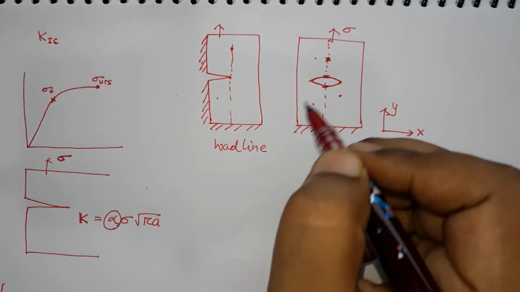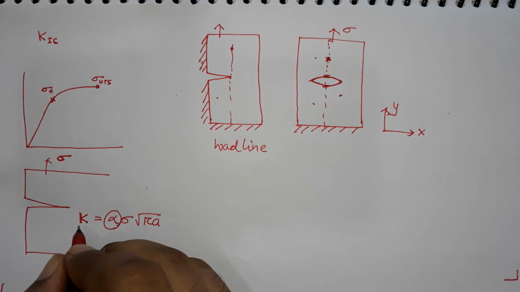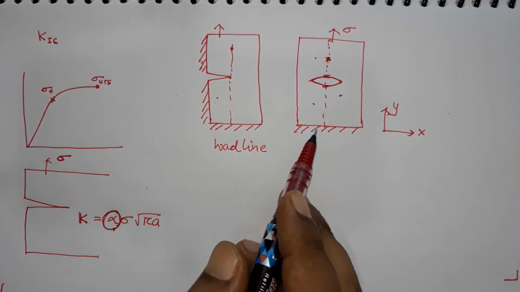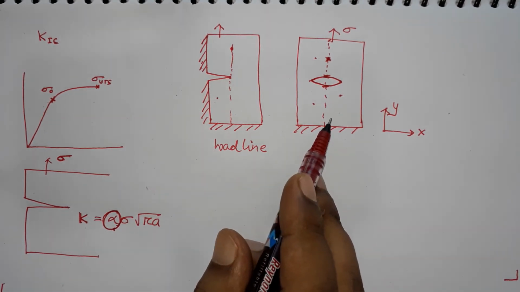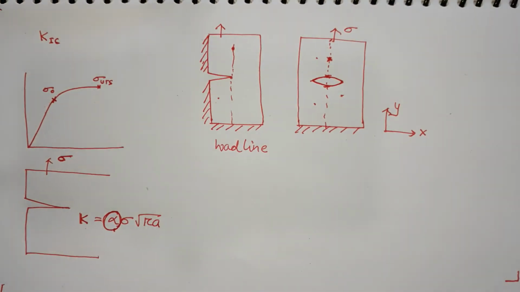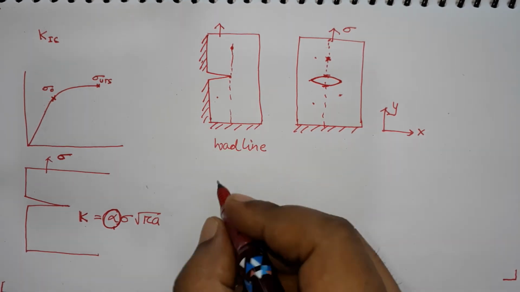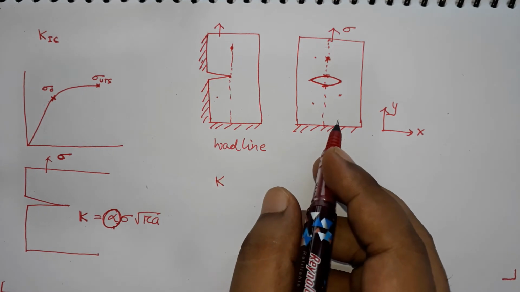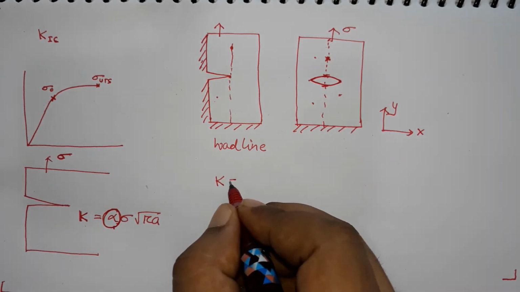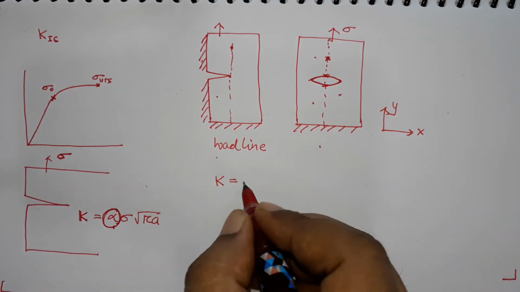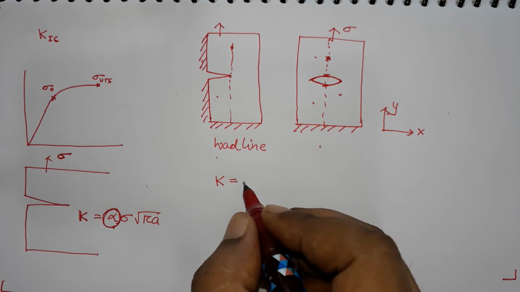that is why you will have different value of K which can be given by the factor alpha, which is the shape factor in this case, and that shape factor is arising because of the difference in the geometry. So, the stress intensity factor in this case will be 12% higher than what you will obtain in that case. Okay. So, in this case for edge crack, this is called edge crack, this is called embedded crack or central crack.